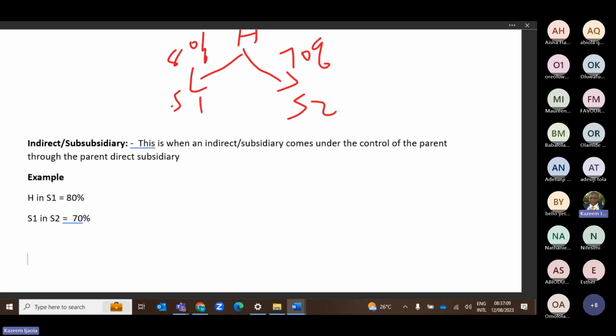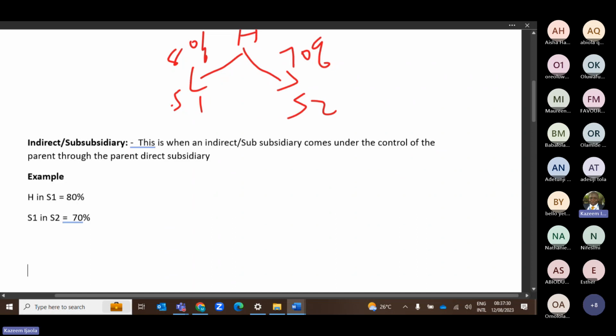Like I said, an indirect subsidiary is when an indirect or sub-subsidiary comes under the control of the parent through the parent's direct subsidiaries. That's exactly what an indirect subsidiary is all about.